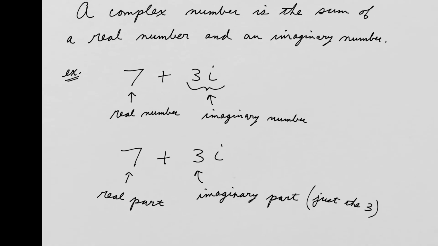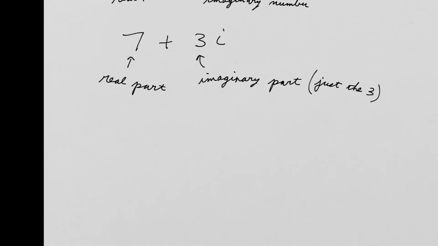As a whole, this is a complex number. So in general, we can write a complex number as a plus bi, where a is the real part and b is the imaginary part.